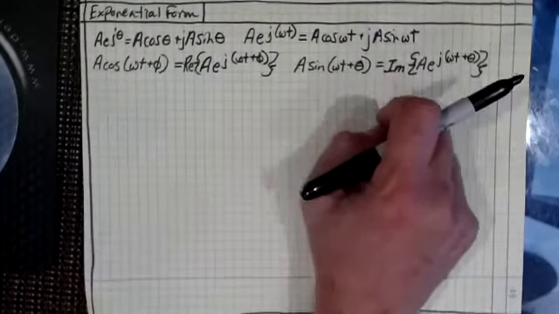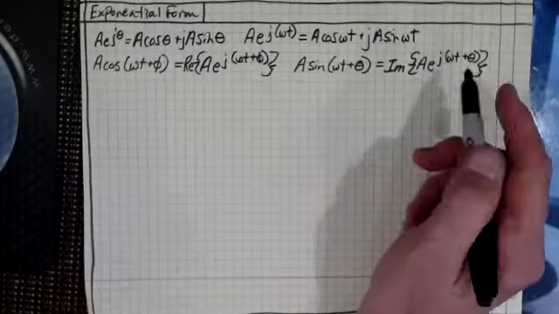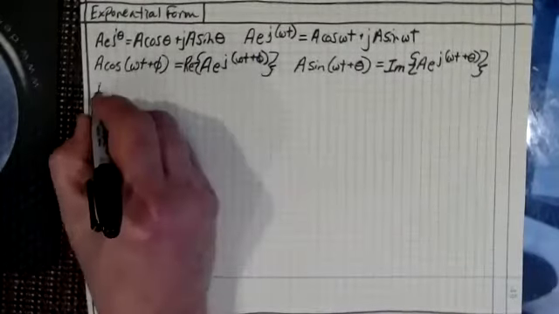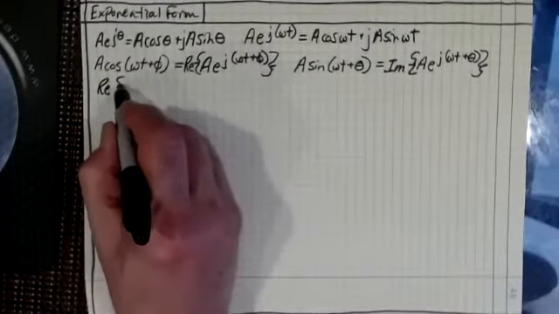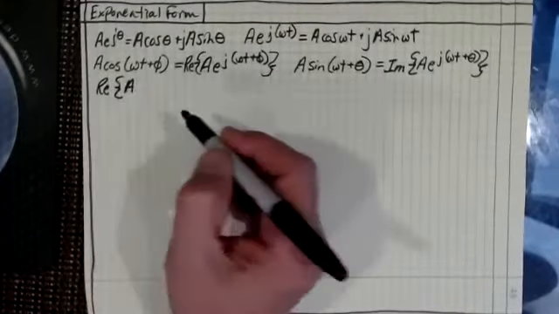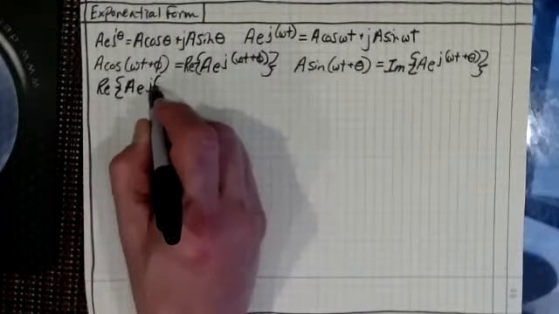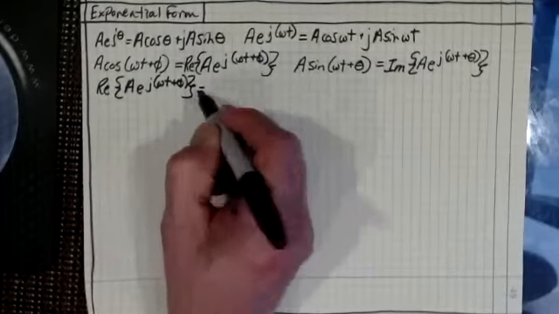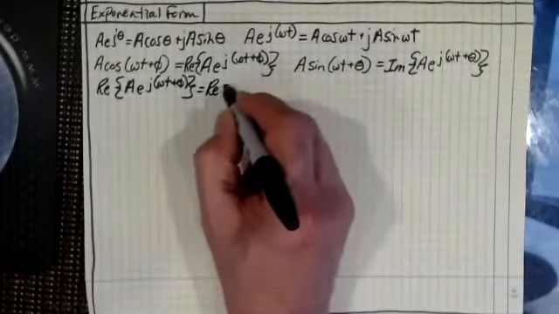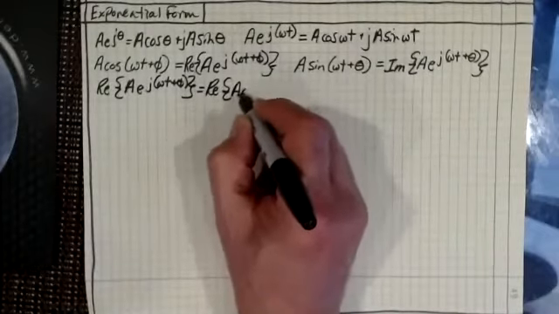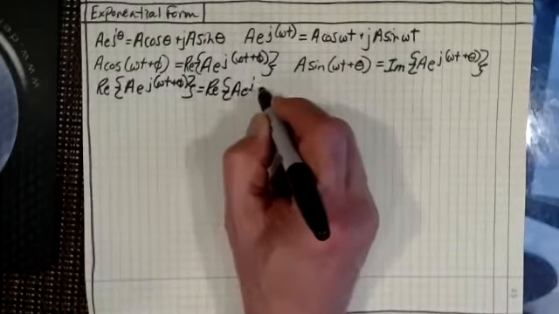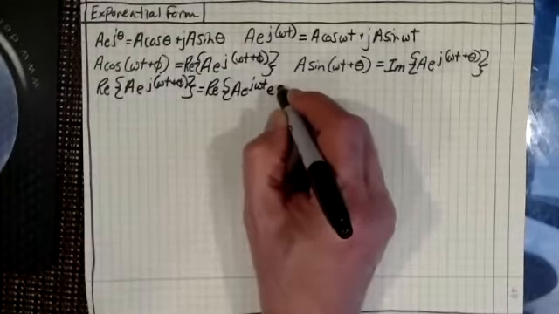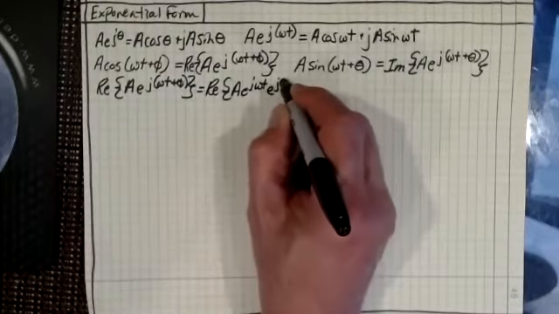Now, I can also break this up, couldn't I? Because as you look at this, the real part of A e to the j omega t plus phi is equal to the real part of A e to the j omega t times e to the j phi.